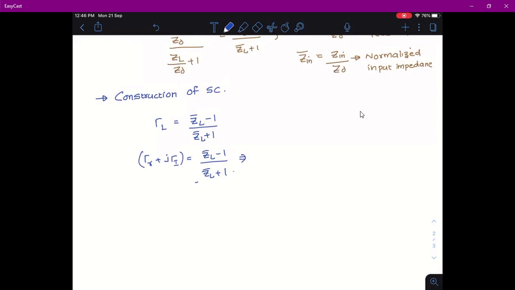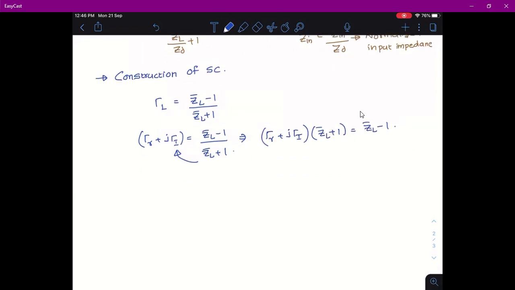I can move the denominator upside, so I have tau R plus j tau I multiplied by ZL bar plus 1 is equal to ZL bar minus 1.